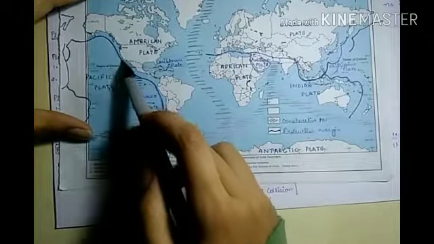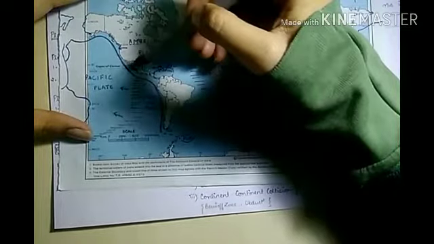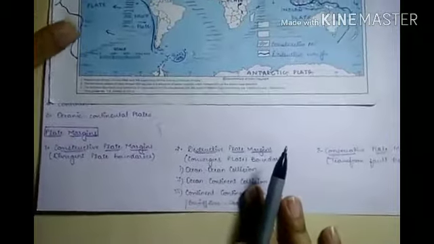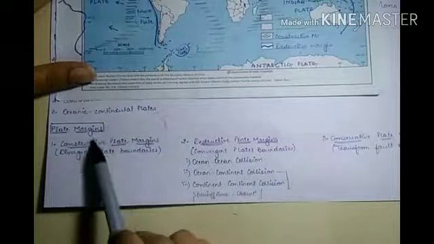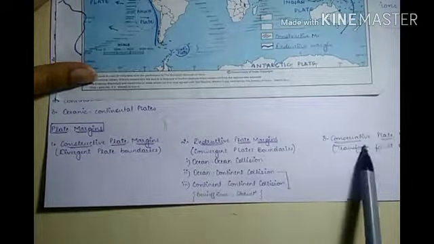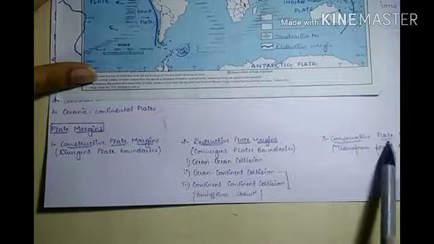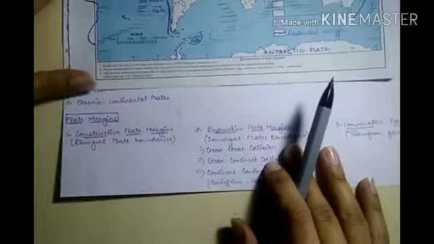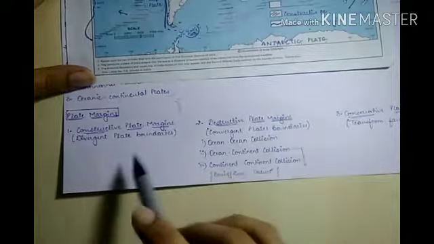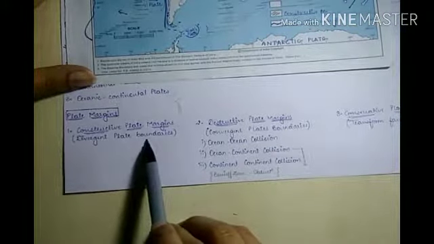This is the boundary where these two plates are meeting, and this boundary is known as plate margin, okay. So we have basically three types of plate margins. First is constructive plate margin, second is destructive plate margin, and third is conservative plate margin, okay. Now constructive plate margin is also known as divergent or accreting plate margin, okay.